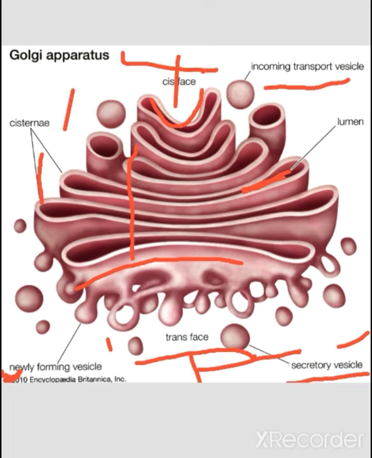This explains why the Golgi apparatus remains in close association with the endoplasmic reticulum, not connected but in close association.